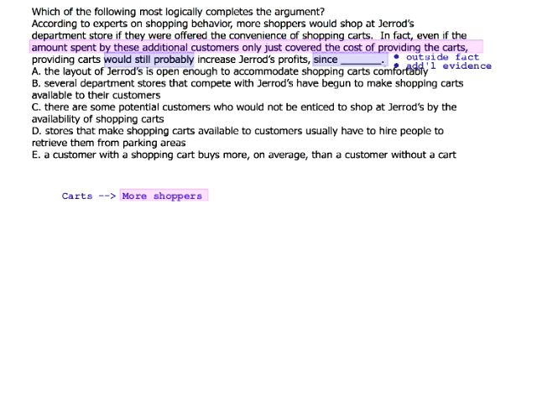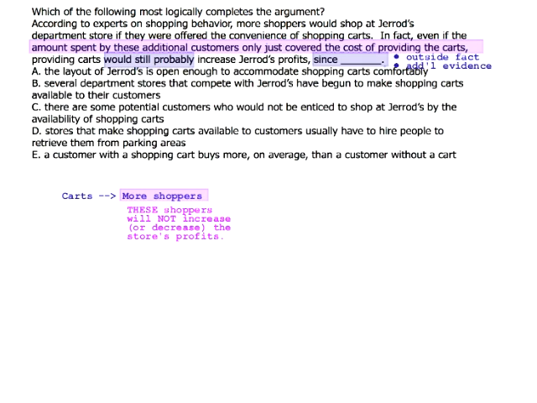These shoppers, they will increase their revenue, but only to a point where it covers exactly the additional cost. So revenue minus cost will not increase, right? So these shoppers will not increase the store's profit, but they won't decrease it either. They won't increase or decrease the store's profit.